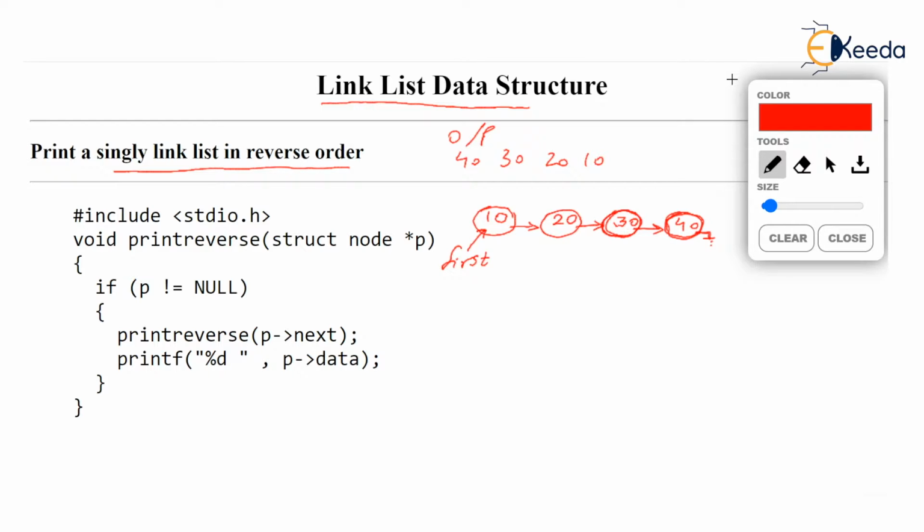But there is no way by which 30 can take us to 20, because 30 does not store address of 20. We can't go backward in this singly linked list. We can only go from 10 to 20, 20 to 30, 30 to 40. So printing a singly linked list in reverse order is a bit challenging.